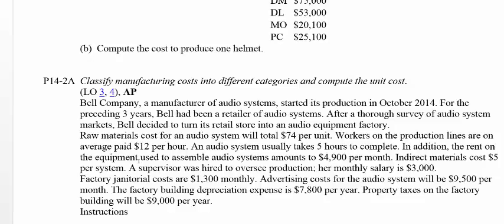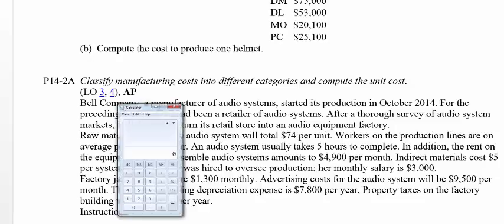Indirect materials cost $5 per system. So $5 per system times 1,500 means we are going to have $7,500 worth of indirect materials in the manufacturing overhead category.